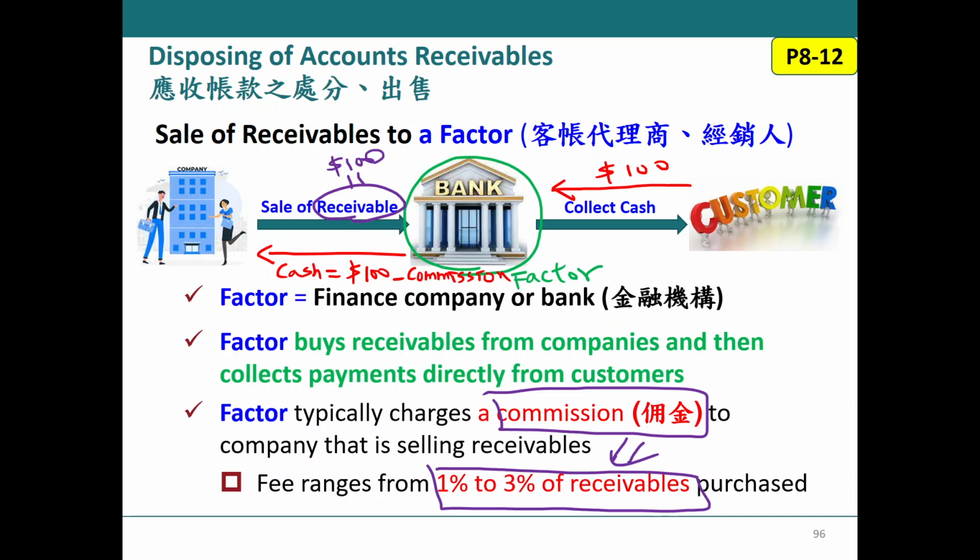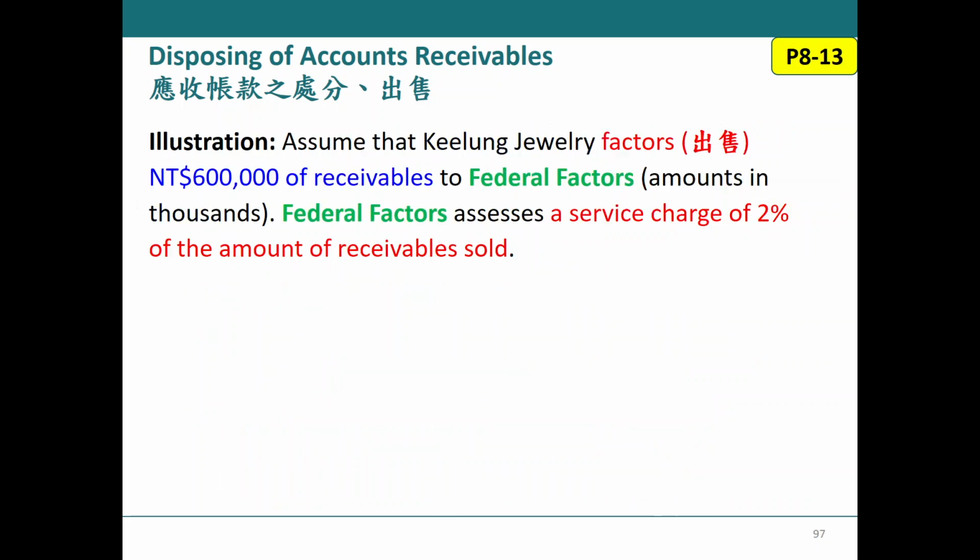If you don't have any questions, then let's look at the case. Okay? So go to your slide 97. What happened? Your company decides to factor. So right here, the factor is the verb. 动词.